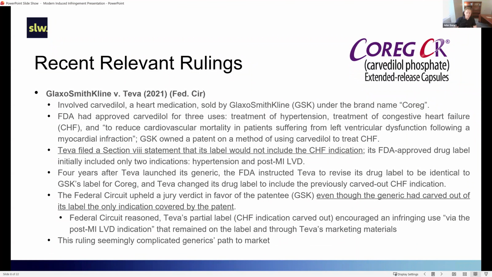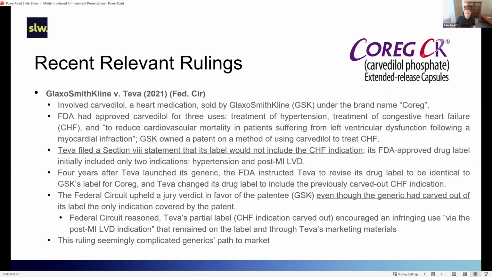So the Federal Circuit upheld the jury verdict in favor of GSK that even though the generic had carved out its label, it was infringing on GSK's patent. This was for both the time period that the Section 8 carve-out was active and after, when the label matched the brand name drug.